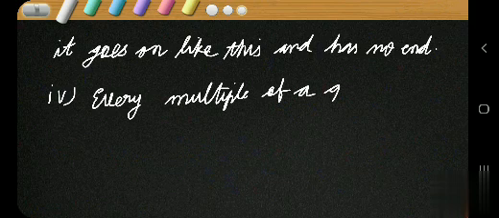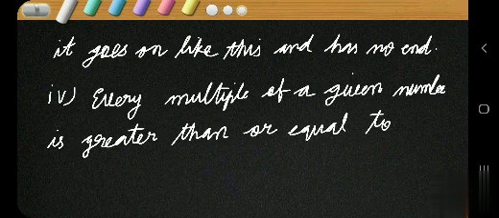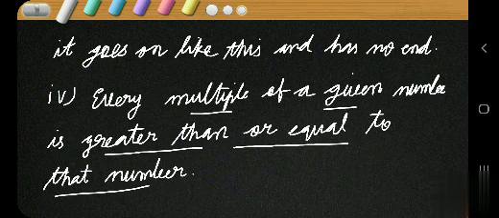Every multiple of a given number is greater than or equal to that number. Very important property.